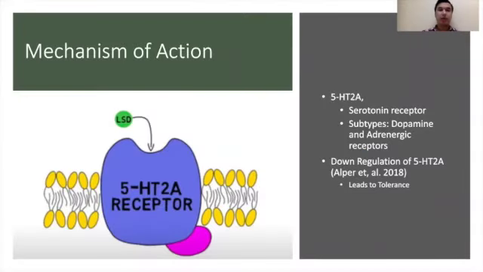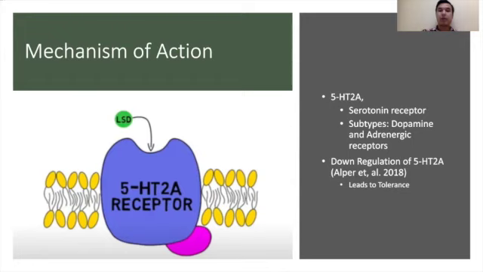Now we're going to talk about the mechanism of action. Although we have some understanding of LSD's activity in the brain, it is not fully understood how this activity leads to the subjective experiences that people have when taking the drug. Regardless, it is thought that LSD's activity at a subtype of serotonin receptor called the 5-HT2A receptor is critical to the drug's psychedelic effects on the body.